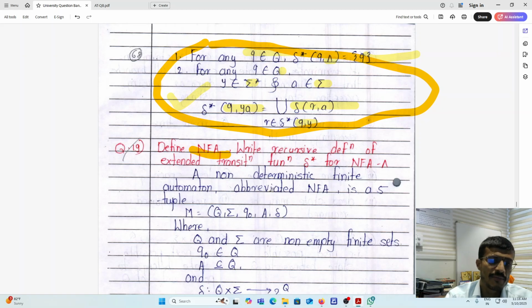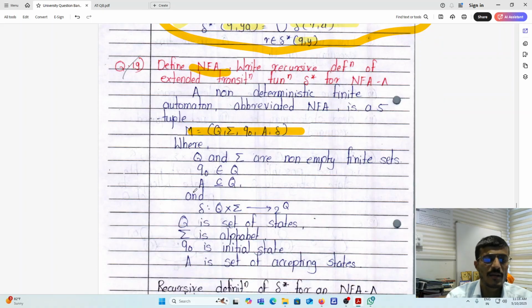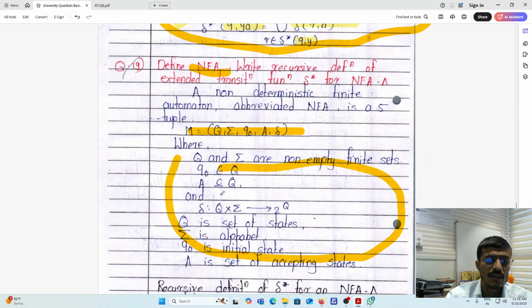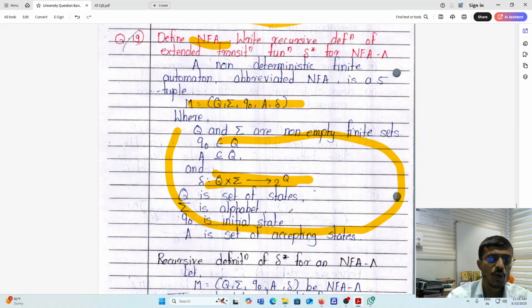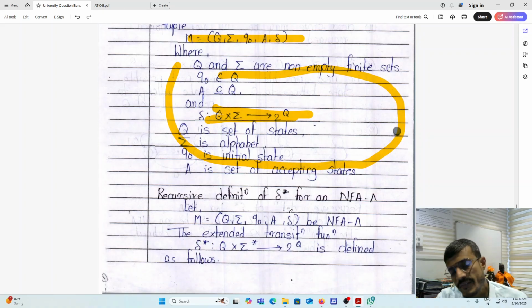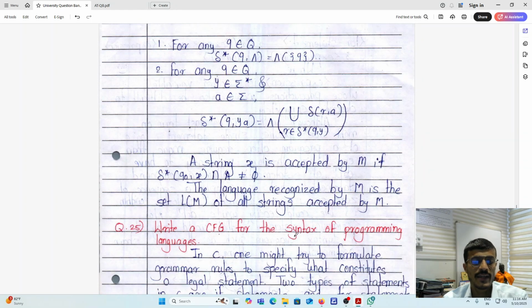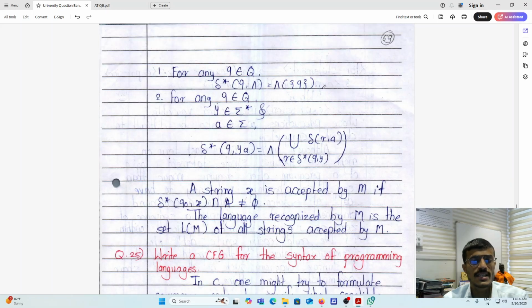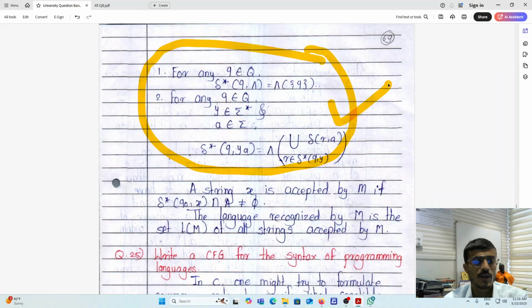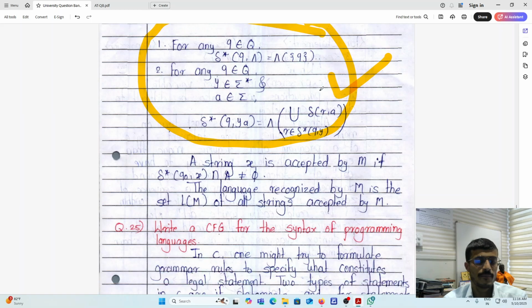So a non-deterministic finite state automaton, abbreviated NFA, is a 5-tuple. Yes, I have already mentioned it. These are the terminologies you have to mention here, which is very important: Q times sigma goes to 2 raised to Q. For the recursive definition of delta star for NFA with null, delta star goes from Q times sigma star to 2 raised to Q, and in addition you can see these terminologies that we discussed earlier. So these are the terminologies you have to mention there.